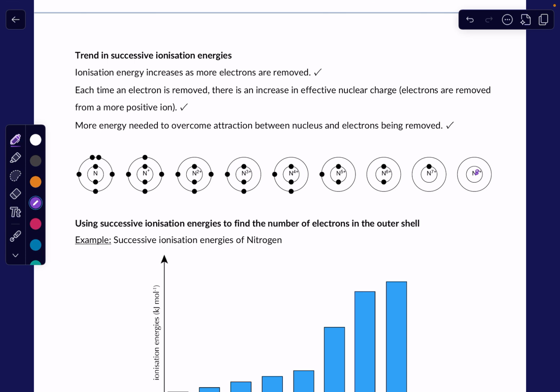So it's still nitrogen, and we're just removing those electrons. So it becomes less and less negative as we go through. As you can imagine, it becomes more and more positive, so the charge increases, therefore attraction increases, therefore the radius will decrease, and eventually we're also removing the shielding as well. So that is just the same trend, but for successive ionization energy. It could be something that comes up with the way they ask it.